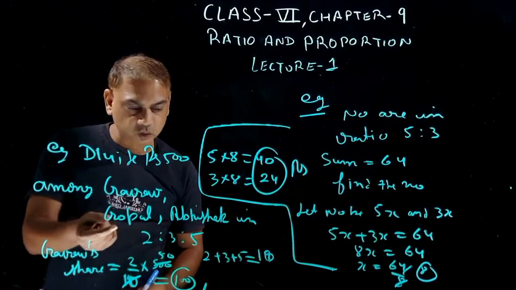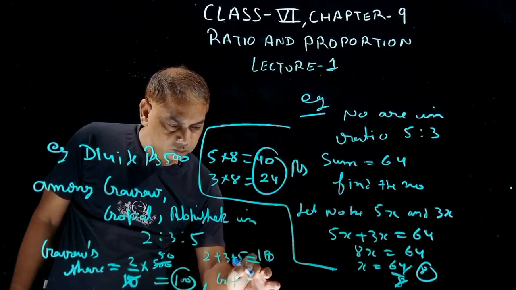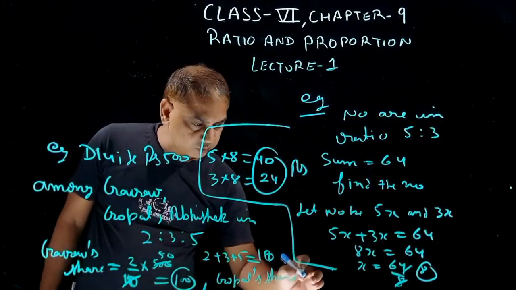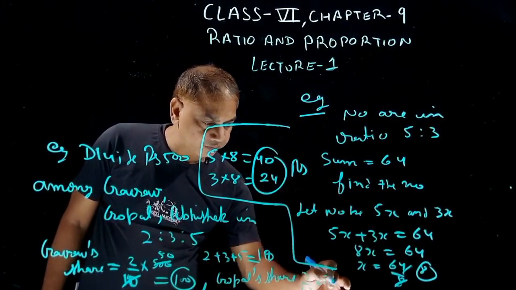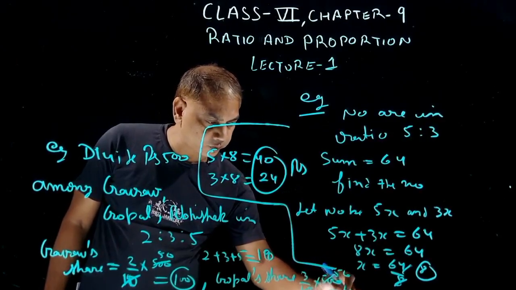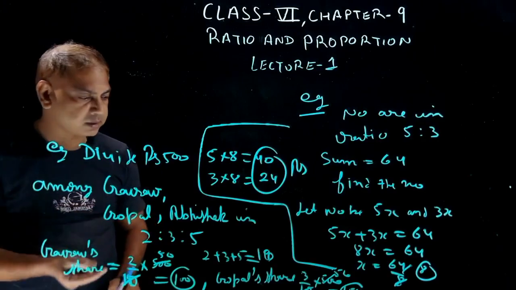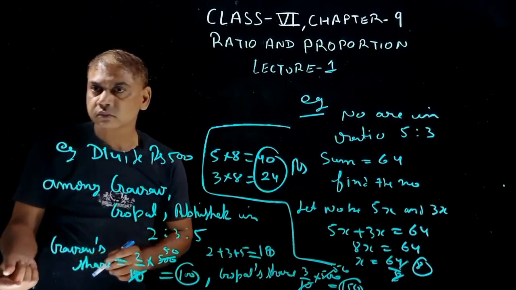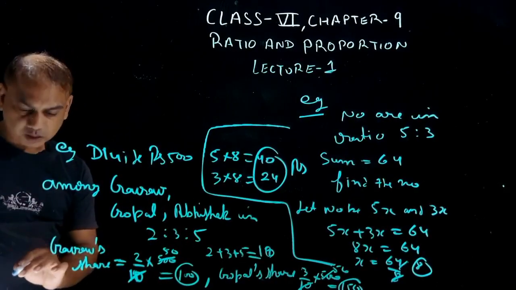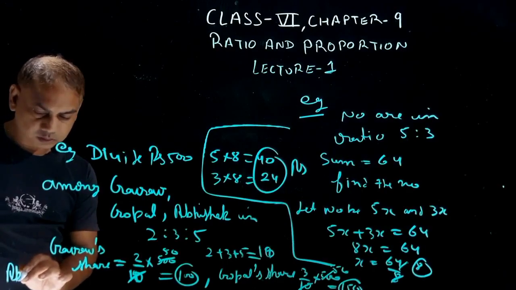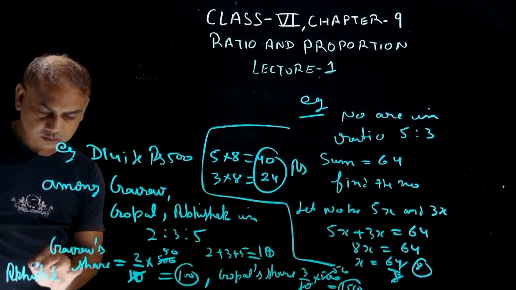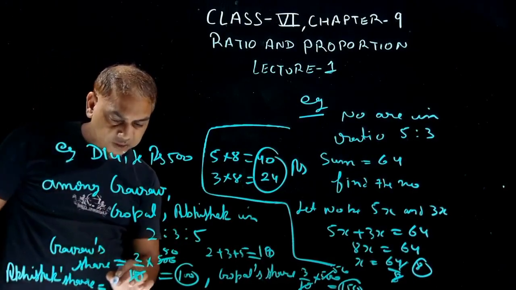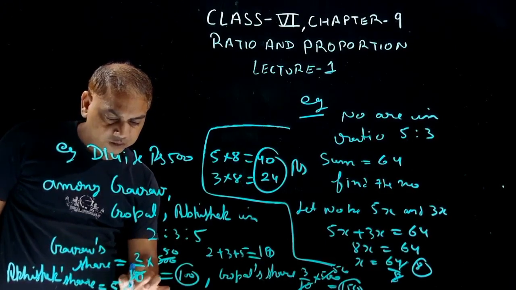Now the second one is Gopal. Gopal's share is 3. So we will write it 3 upon 10 into 500. Again 50 3s is equal to 150. So the share of Gopal is how much? It is 150. Now Abhishek's share is equal to 5 upon 10 into 500.